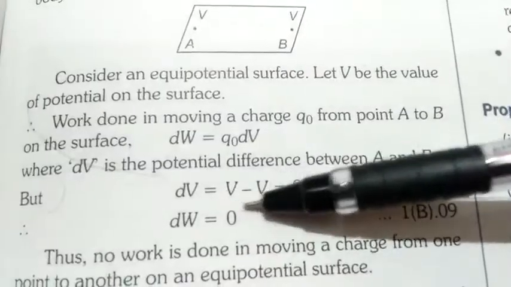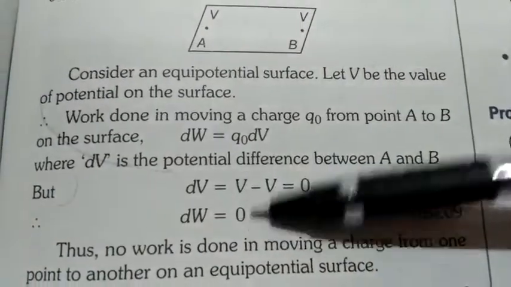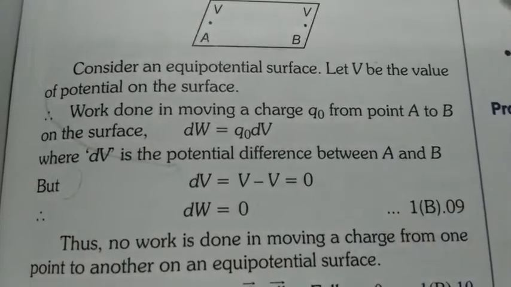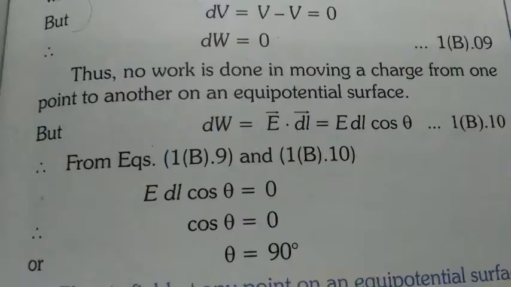So V minus V equals 0, and that's why dW equals 0. Thus no work is done in moving a charge from one point to another on an equipotential surface.